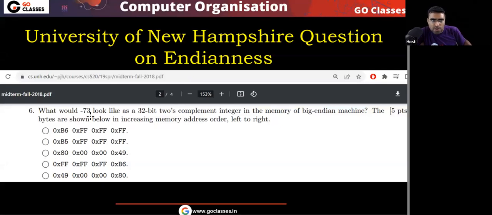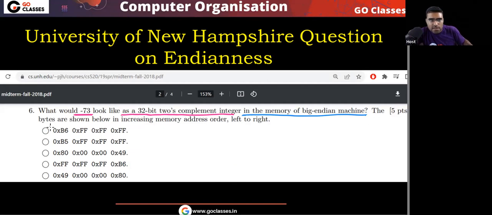What would minus 73 look like as a 32-bit 2's complement integer in memory of a big Endian machine? How will it look in the memory of a big Endian machine?